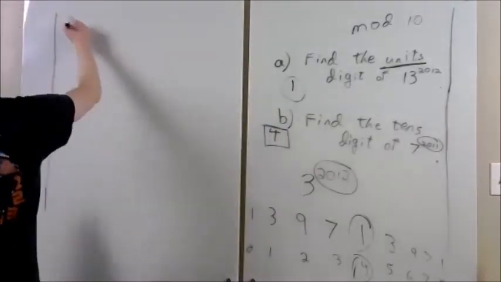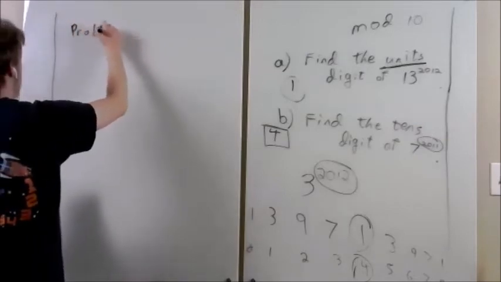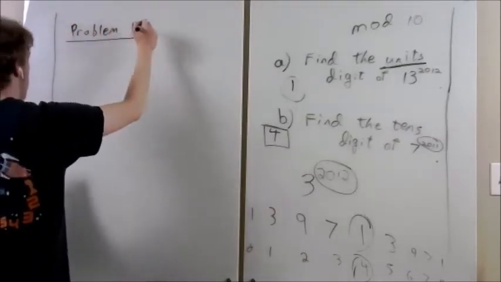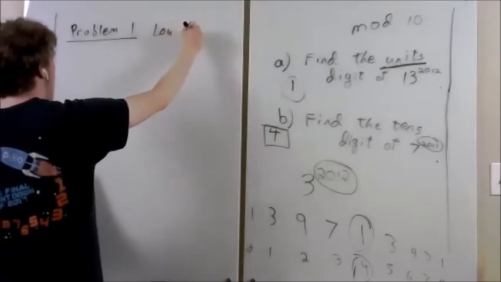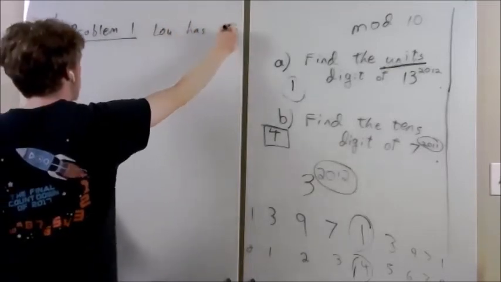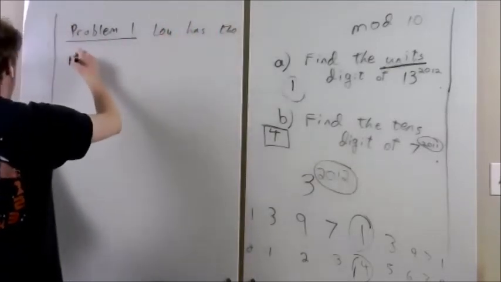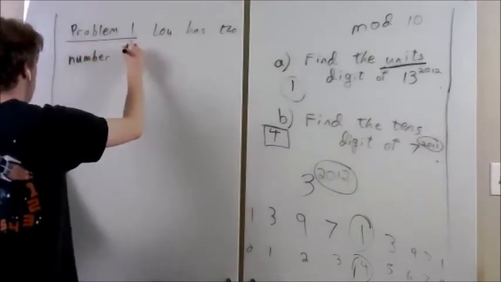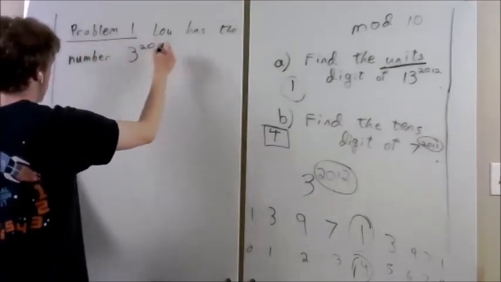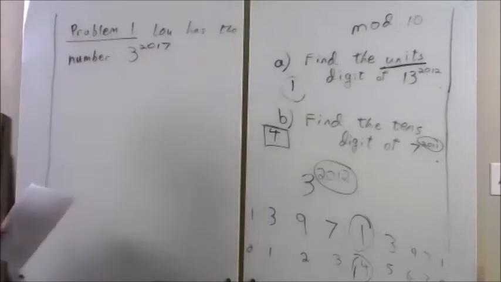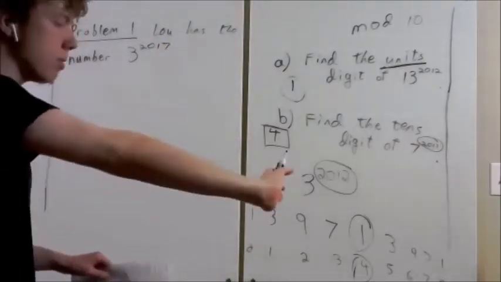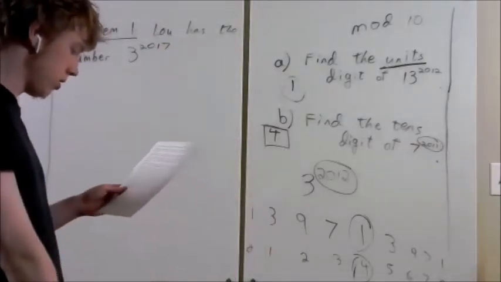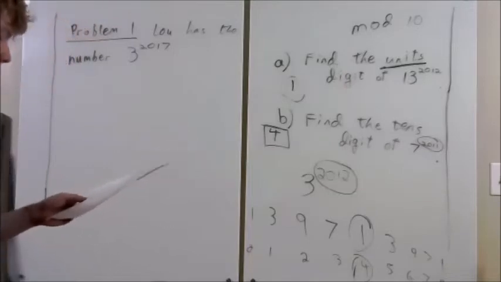Okay, problem 1, I'll say. Lou has the number 3 to the 2017. He writes it all out and takes the sum of the digits. He makes a new number by taking the sum of the digits of this number.